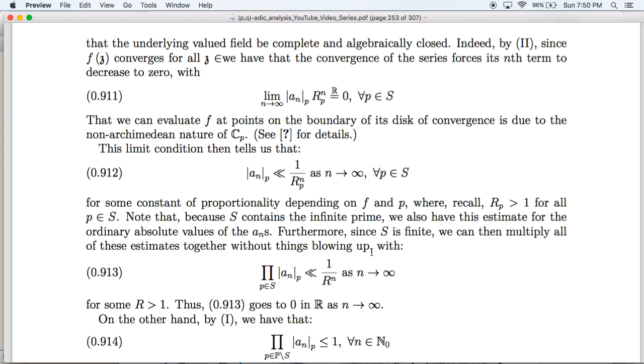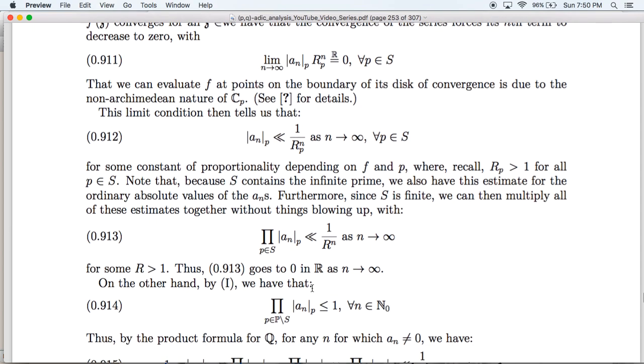Moreover, since S is finite, we can multiply all the big R_p together without things blowing up. This proportionality then gathers together the information from all the different primes, and this is less than some 1 over big R to the n for some real number big R. This then goes to 0 in the reals as n goes to infinity.